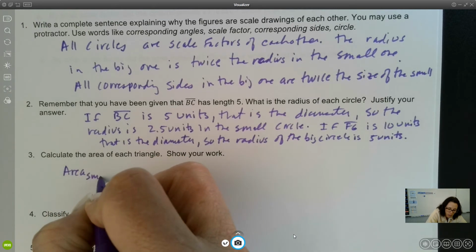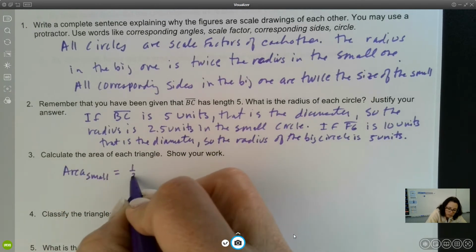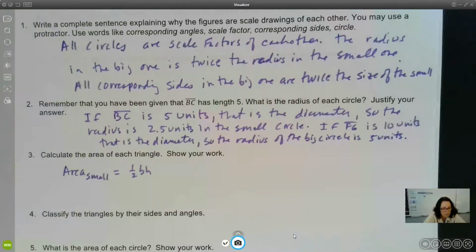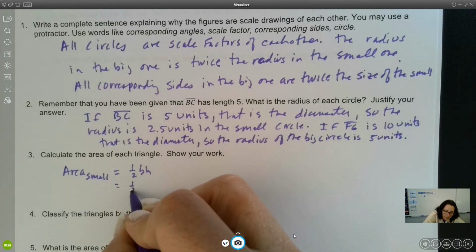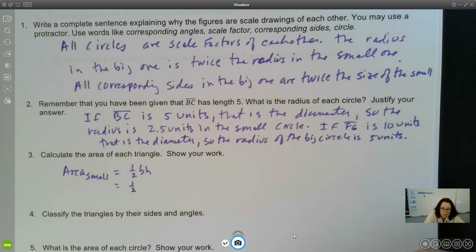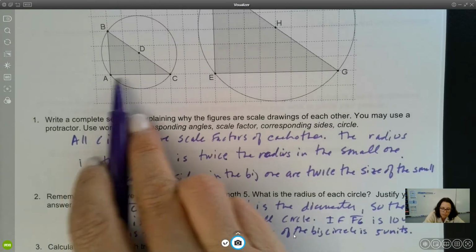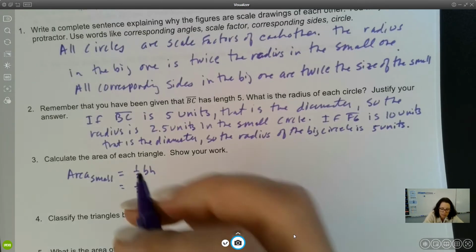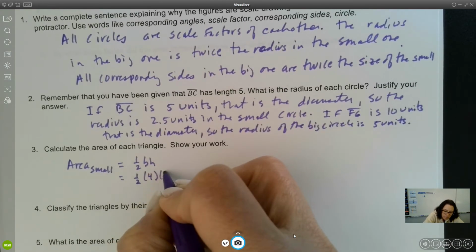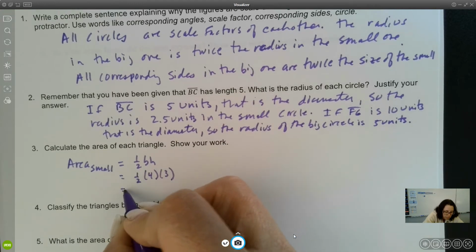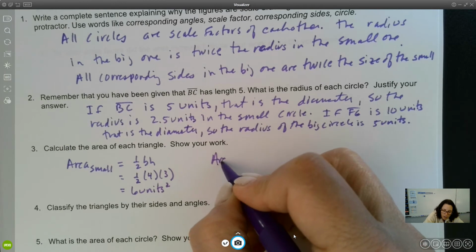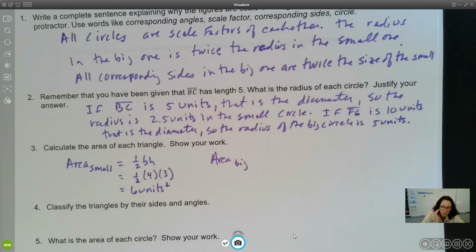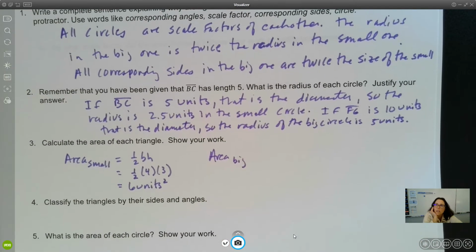Area of the small. We know from elementary school 1/2 base times height is the area formula for triangles. So we're going to do 1/2, and we counted the base in the small one to be 4 and the height to be 3. So that would end up being 6 units squared. Area of the big. Now let's think about this.